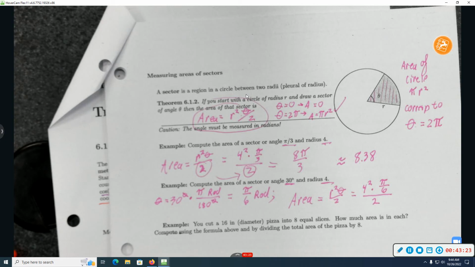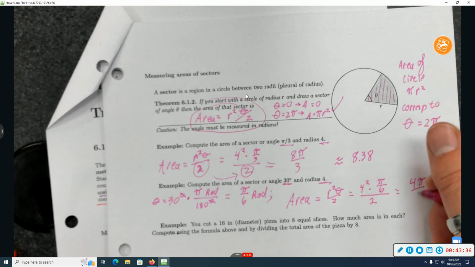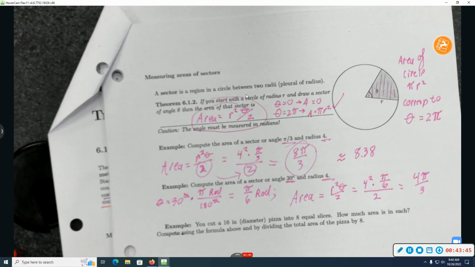Is this angle exactly half of the angle above? So will the area be exactly half of the area above? Yeah. Because that's this divided by 2. Folks feel all right? Nice. So there's the formula for the area of a sector.